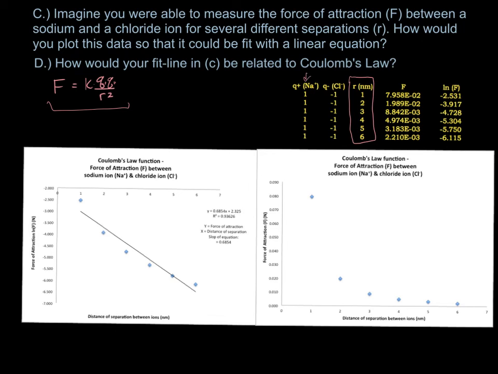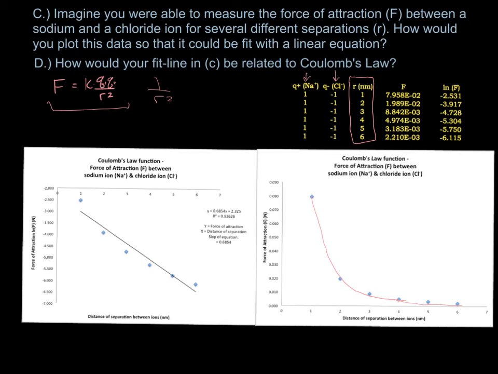All these Q pluses and Q minuses are going to stay the same, the charges. So what we expect is a decay proportional to 1 over R squared, which is perfect. That's exactly what we get here, a decay that is going with the square of the distance. It's exactly what we expect.